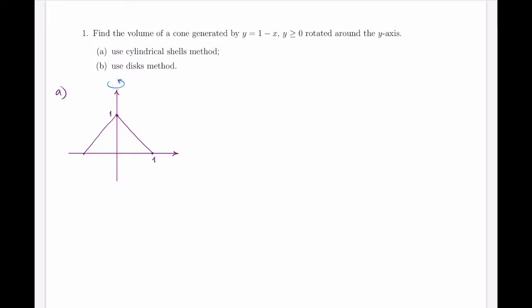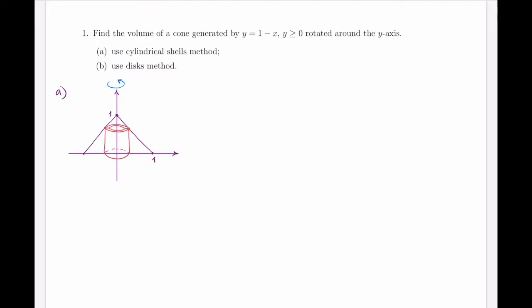So in order for me to draw a typical cylindrical shell, I'm going to use some point on my boundary here, take its mirror image, and then draw in the cylinder that is centered on my axis of rotation, which is the y-axis in this case, like this. And then I'm also going to give it some non-trivial width because this is what's necessary for me to actually put together this whole bunch of cylinders in order to make the cone.